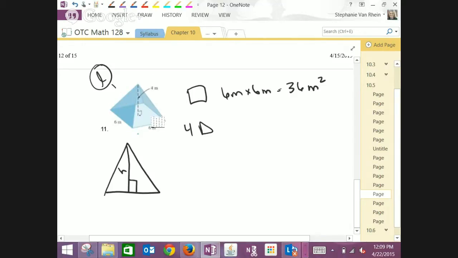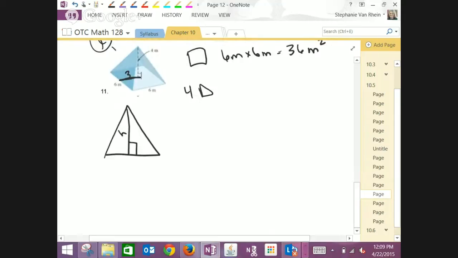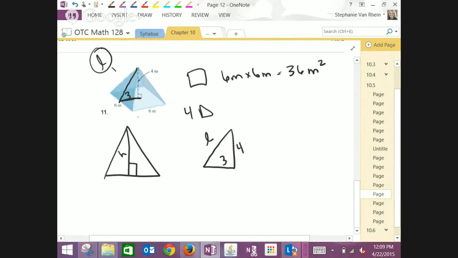So I need to use the Pythagorean theorem here. This distance would be half of 6, right? The distance of half the base is 3. So I can cut out a triangle here where this is 3 and this is 4 and this is L, the lateral height of the triangle.